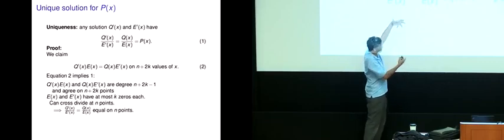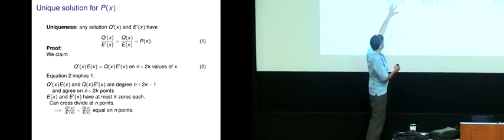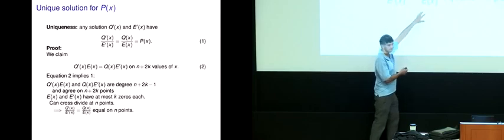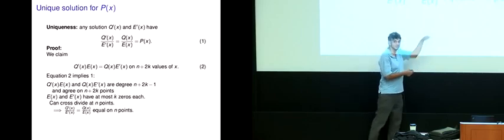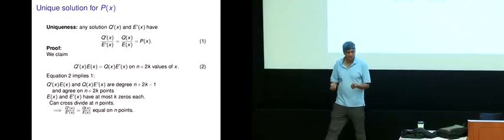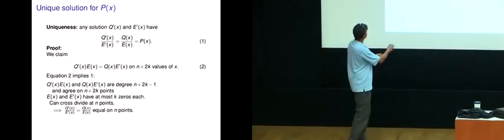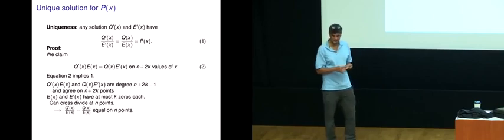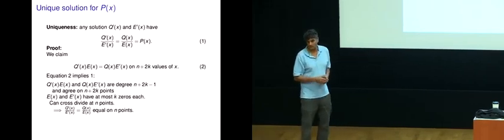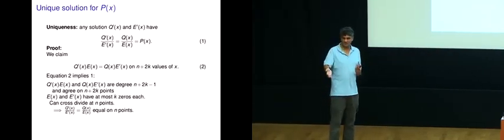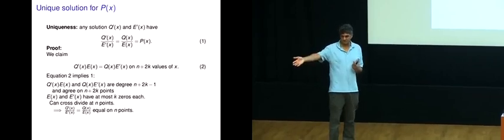But for how many points is this not 0 and this not 0? Well, there's n plus 2k points total, and there's at most k zeros for e of x, and at most k zeros for e prime of x, right? So there's n plus 2k minus the k for e of x and minus the k for e prime of x.